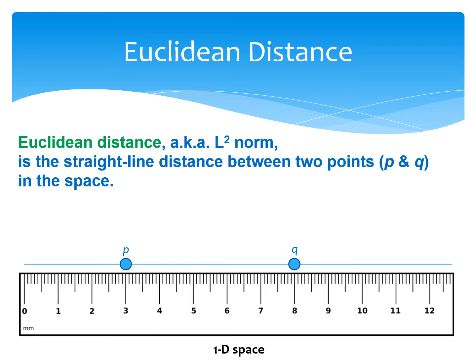Assume we have 2 points, P and Q, in a one-dimensional space. We can use a ruler to measure the distance between them. For example, as shown on the screen, P is at 3 and Q is at 8. The distance between P and Q is 8 minus 3, which equals 5.